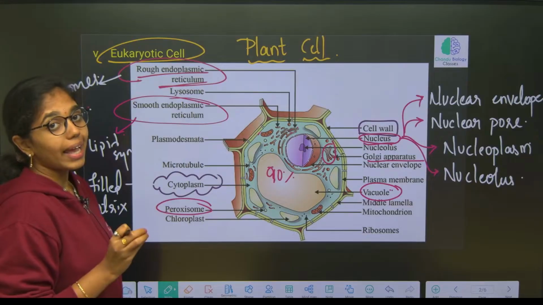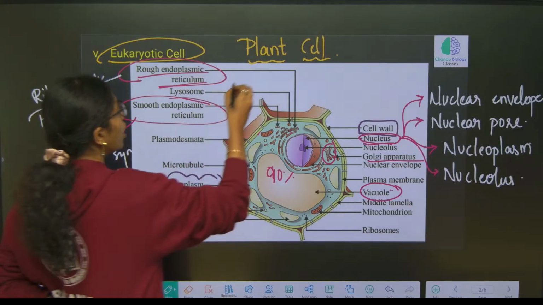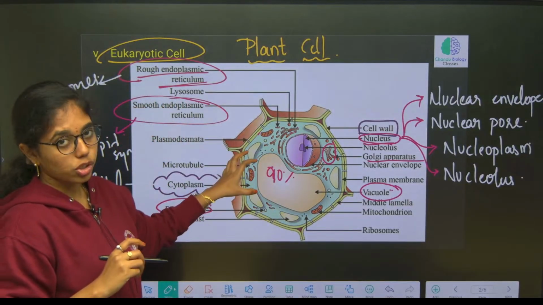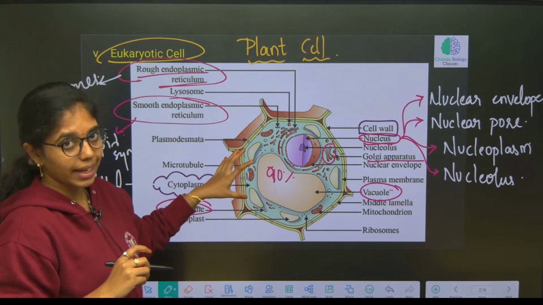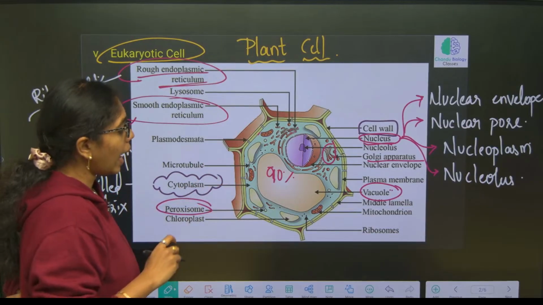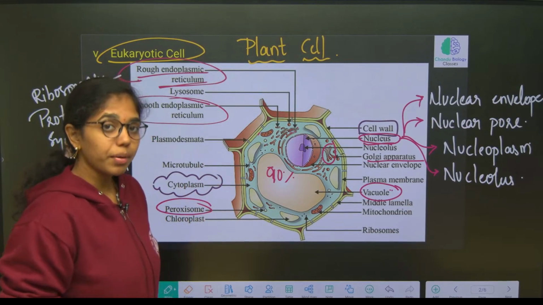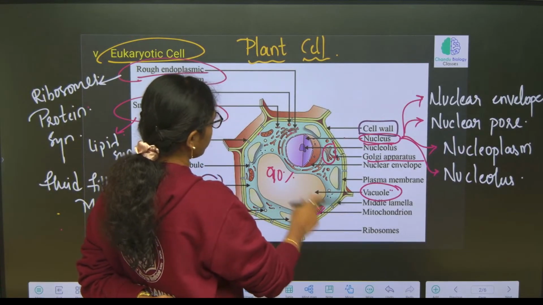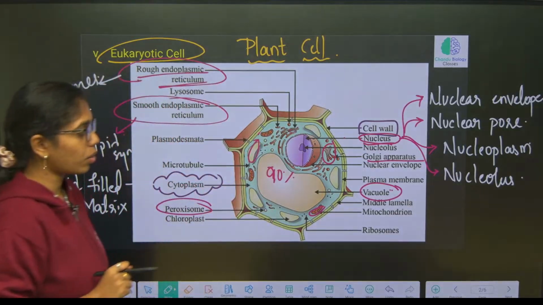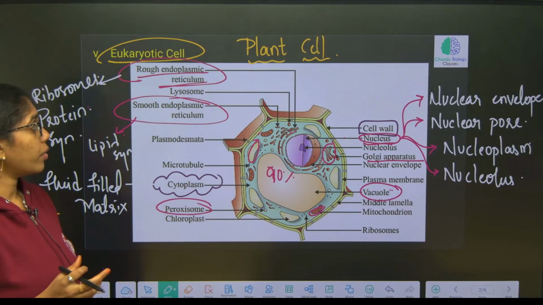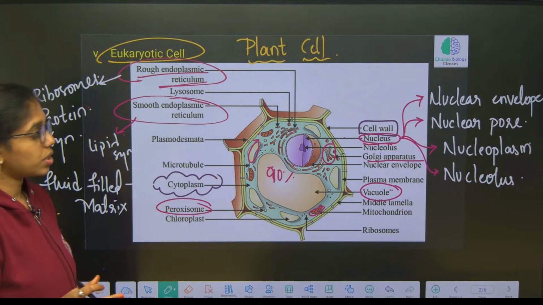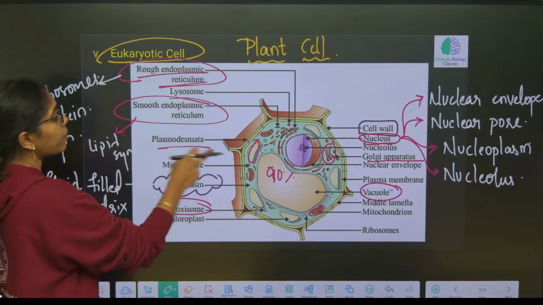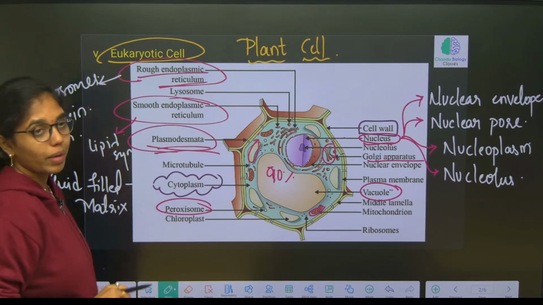And what are the amembranous or non-membrane bound organelles? Non-membrane bound organelles include only ribosomes. There is no centriole inside the plant cell. And then what are the double membrane bound organelles that you can see? Nucleus, chloroplast and mitochondria. These are the double membrane bound organelles observed in a plant cell. So this is the clear structural description, and here you can see some connections called plasmodesmatal connections.